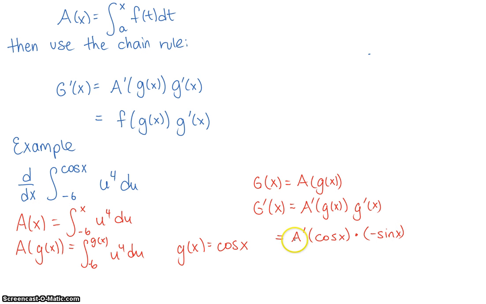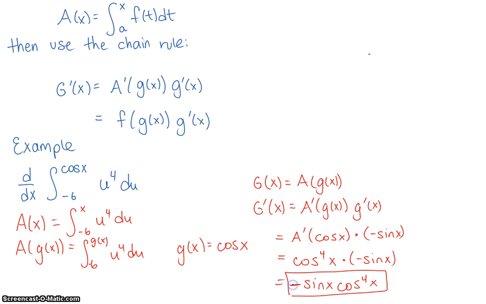And because it's the derivative of the antiderivative of the integral, it ultimately ends up being the overarching function of u to the 4. So you're going to get cos to the 4 x times negative sine of x, which is the same thing as negative sine x cos to the 4 x. Just going alphabetically with the sine in front.